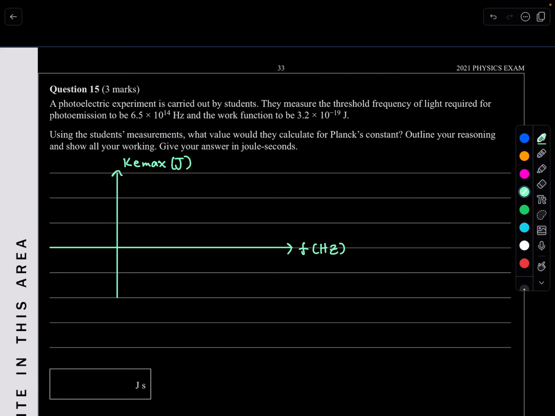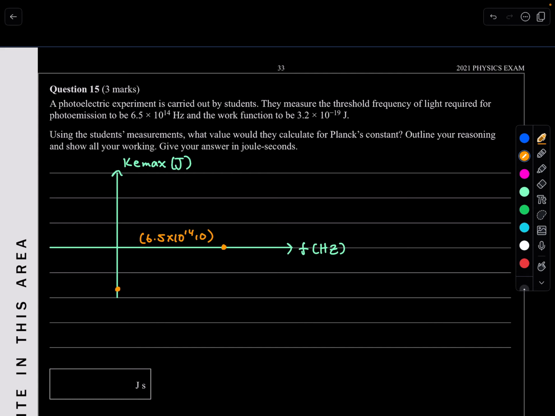If I have my threshold frequency, which occurs at the x-axis, it's this much, so let's write that down. In terms of coordinates, it's going to be 6.5 times 10 to the power 14, 0. And your work function, which is your y-coordinate, occurs at the bottom, let's say here.